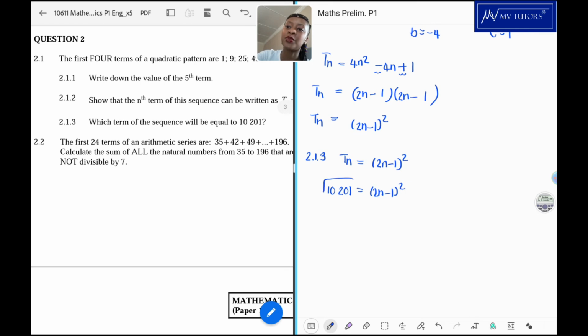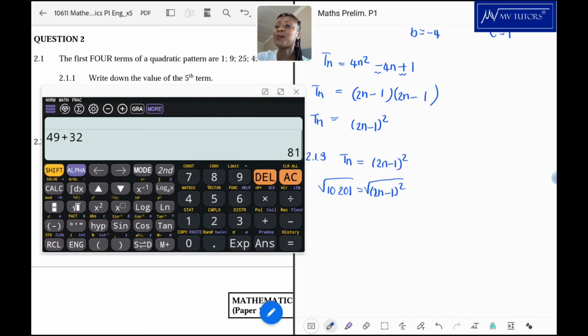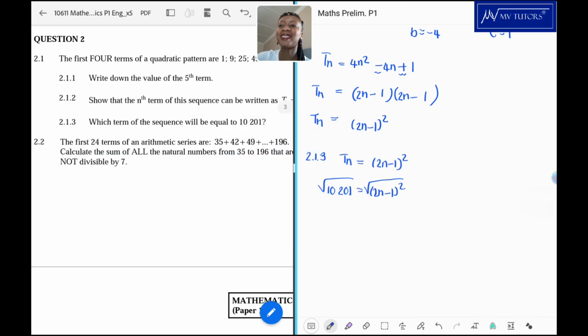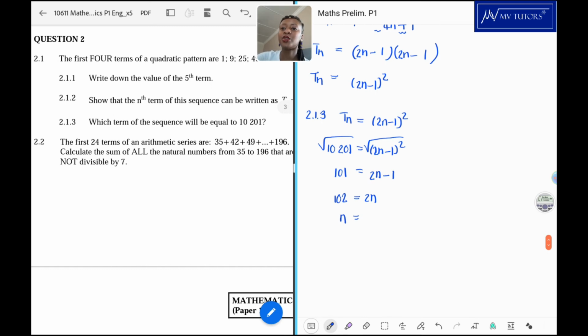Okay, so I'm going to root both sides so that I can get rid of that squared. Okay, and then I'm going to use my calculator to determine what is actually root 10,201. 101. I'm glad it's a rounded value. And then this side we have 2n minus 1. Okay, so I'm going to take minus 1 to the other side. I have 102 is equal to 2n. So therefore, n is equal to 102 divided by 2.